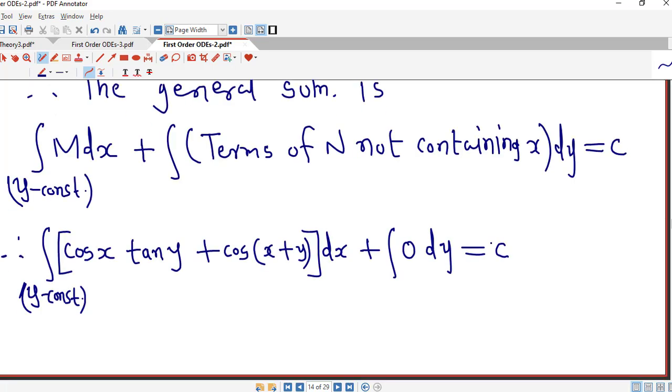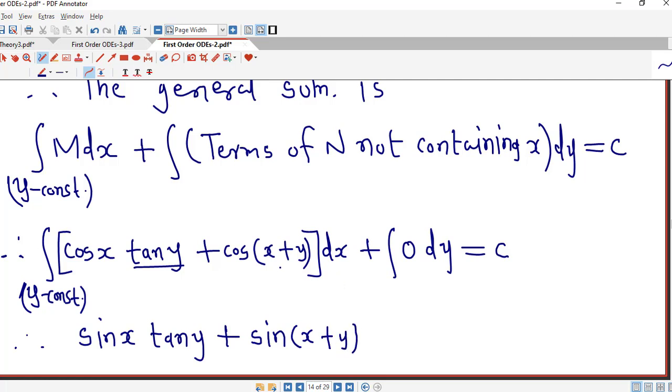Now we integrate here with respect to x. Y is constant, therefore tan y is constant. Integration of cos x is sin x. So we have tan y constant, integral of cos is sin. Similarly here integral of cos of x plus y is sin of x plus y divided by coefficient of x, which is 1 here.